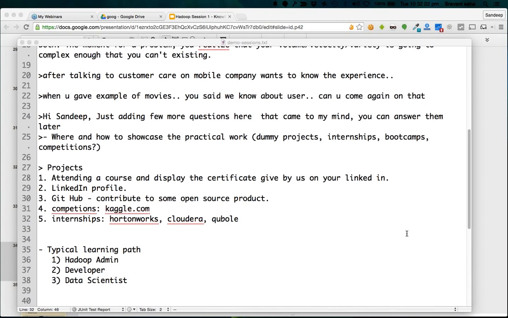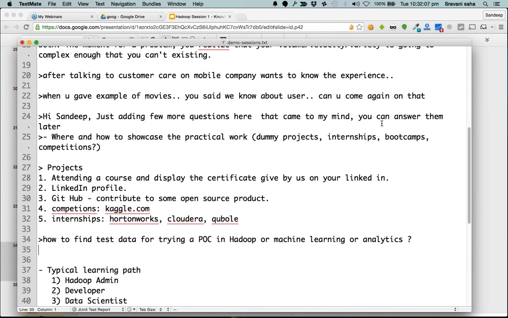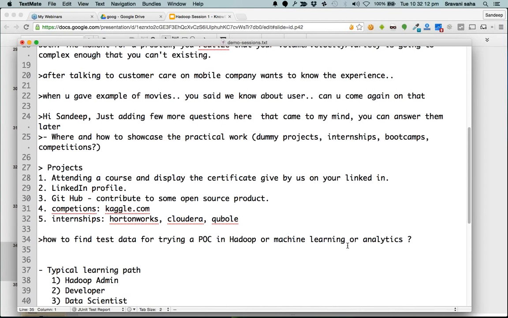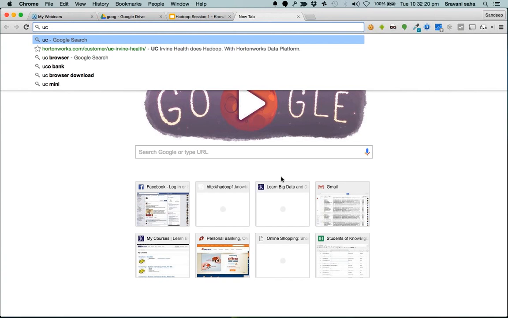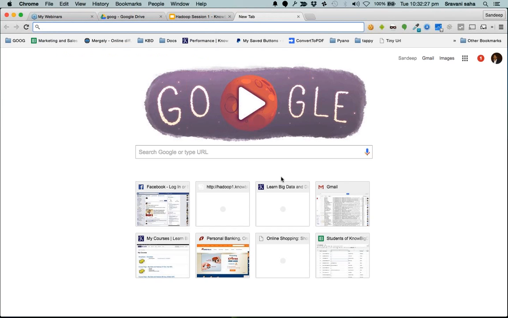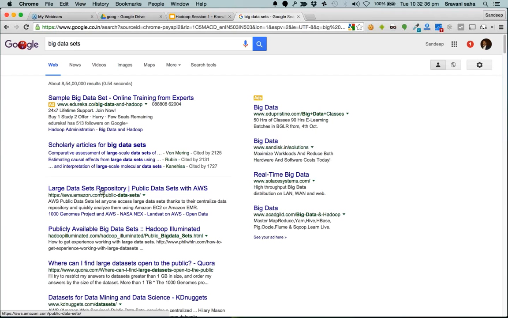Now, a question from Vinod is how to find test data for trying a POC in Hadoop or machine learning. There is lots and lots of data available. If you go to UC Berkeley, for example, or big data sets, there are many data sets available in the public domain.